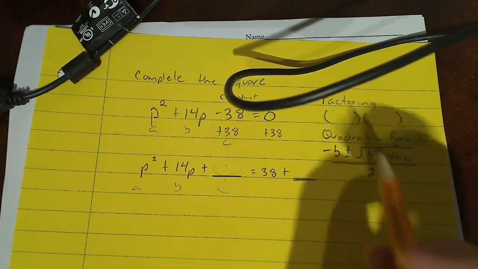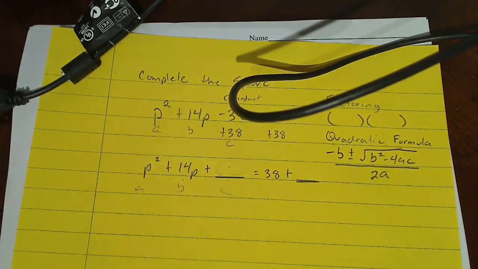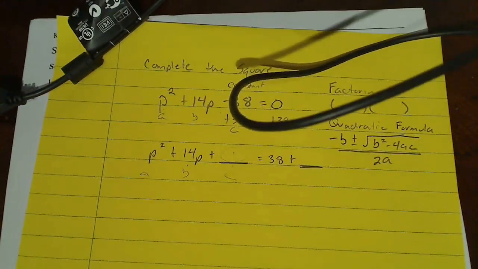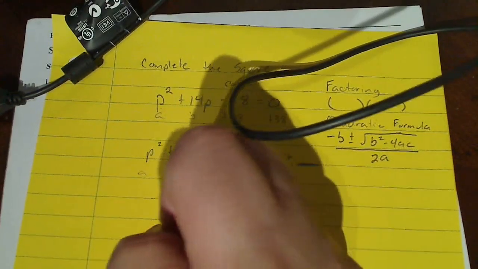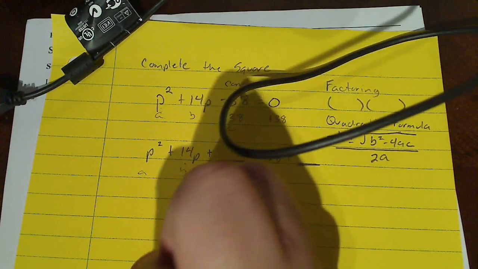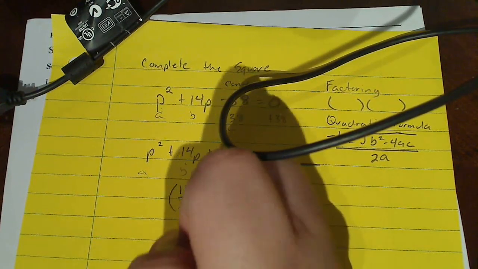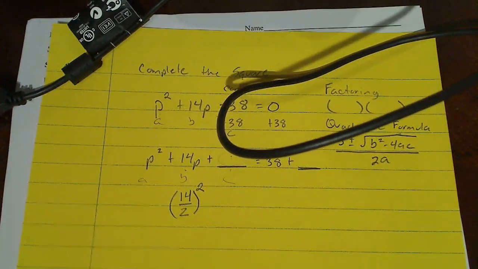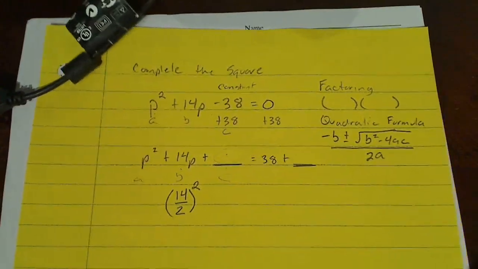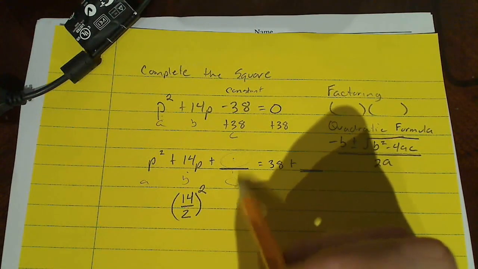So the way you do this is we take our B term, I'm going to do it down here below, and we divide it by 2. Then whatever number we get, we square it. Yes, this is the method for finding this new C term, the constant term.